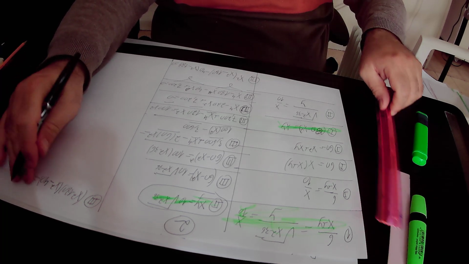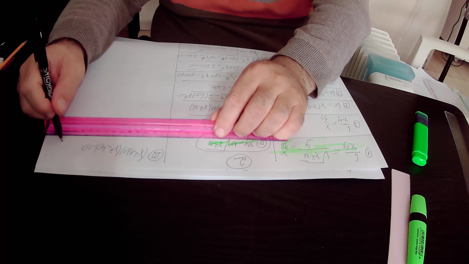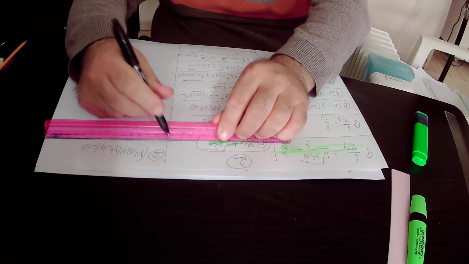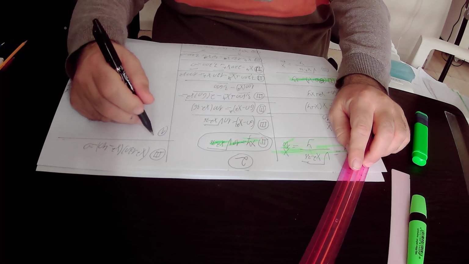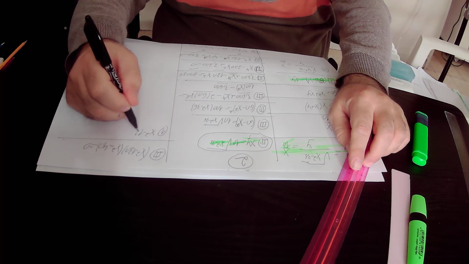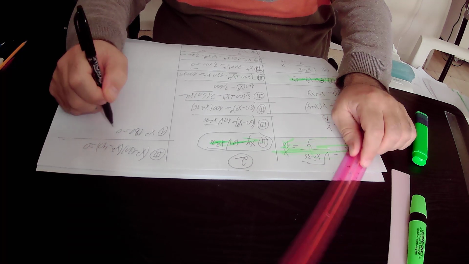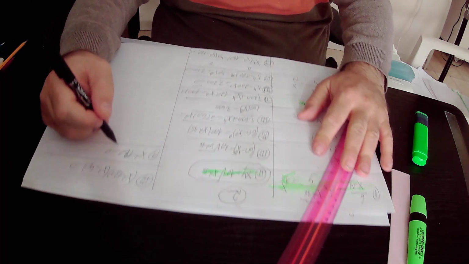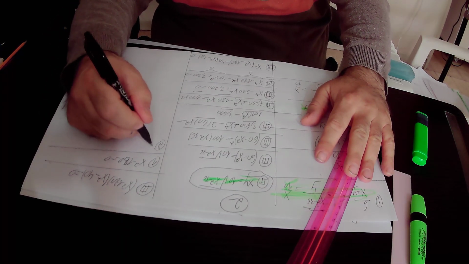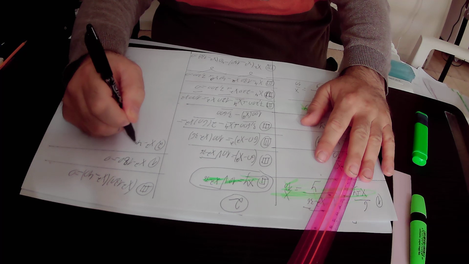So here we will have two solutions that are possible for x. The first solution for x is x squared minus 180 equals to 0. And the second solution for x is that x squared minus 40 equals to 0.